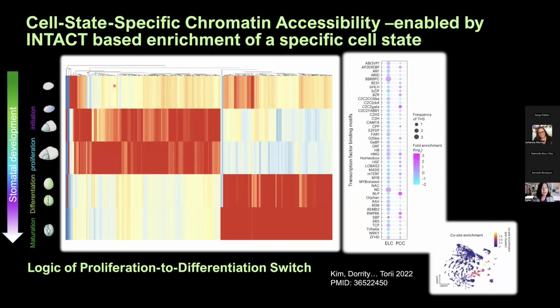We found, for instance, a group of regions that become open during the highly proliferating stem-cell-like state but close upon differentiation. And we identified a new regulator, BPC proteins, that works together with the differentiation factor MUTE to allow this transition at the epigenomic level.